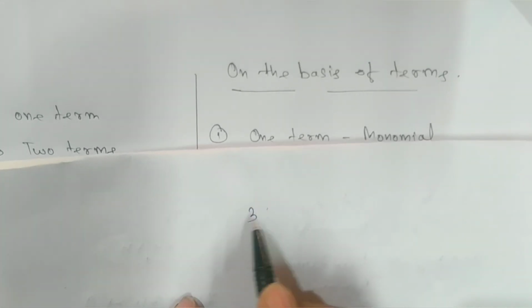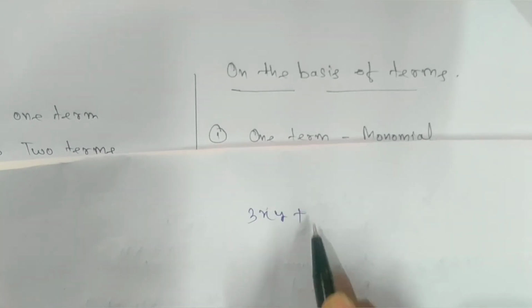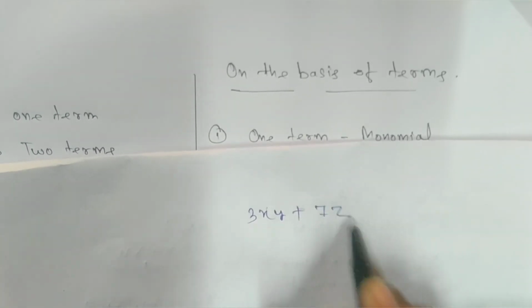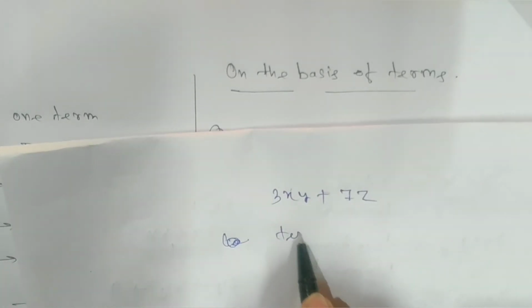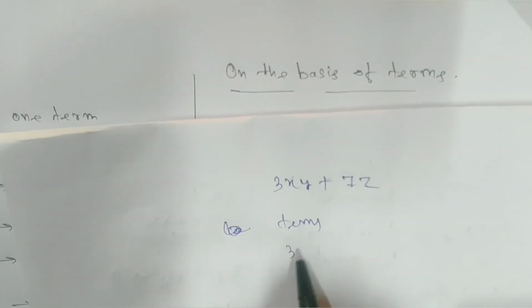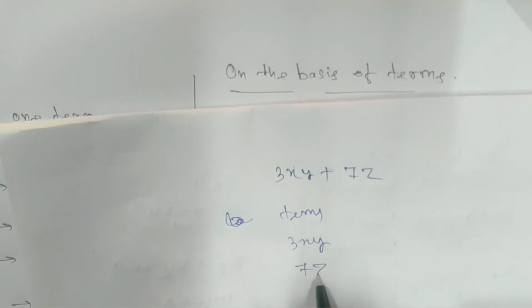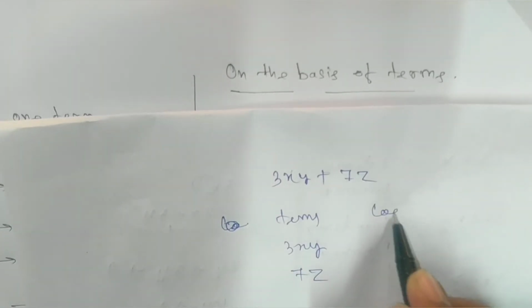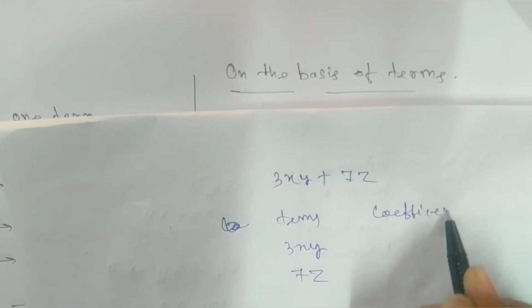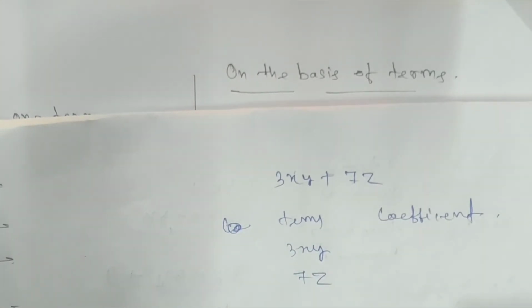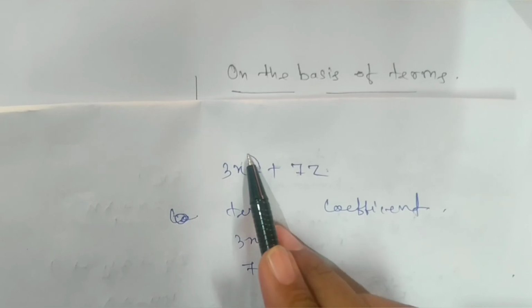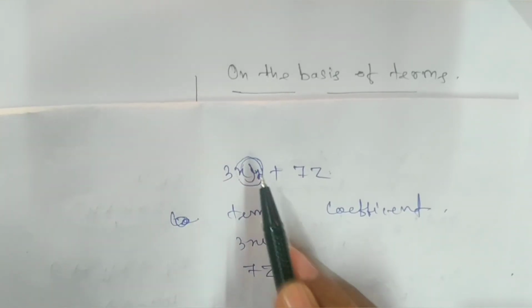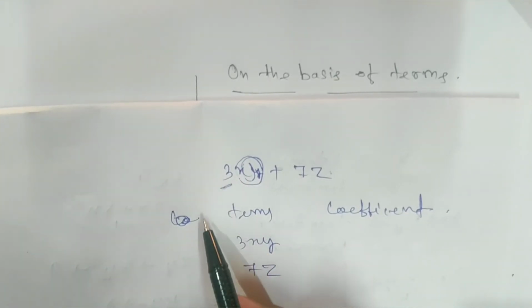Like if I give you 3xy plus 7z. So how many terms are there? First we'll write here terms. So this is 3xy and 7z. And if I write here coefficient, then by default it is your numerical coefficient. Numerical means look at the variable, keep it together and see the number.